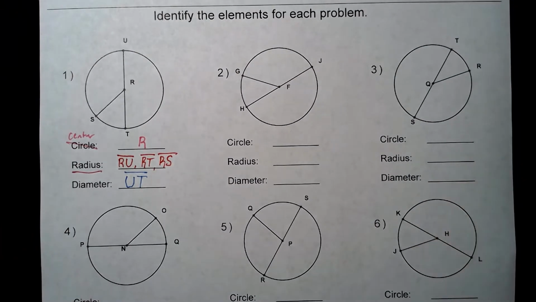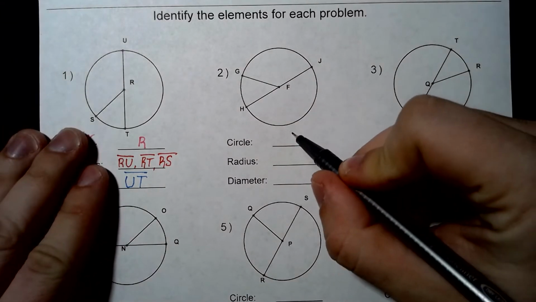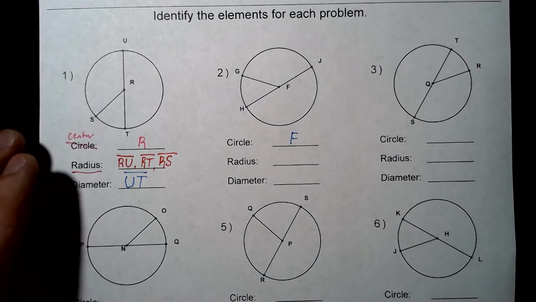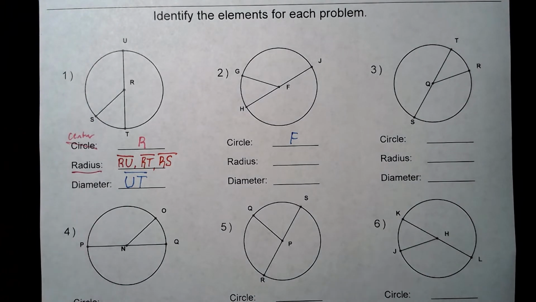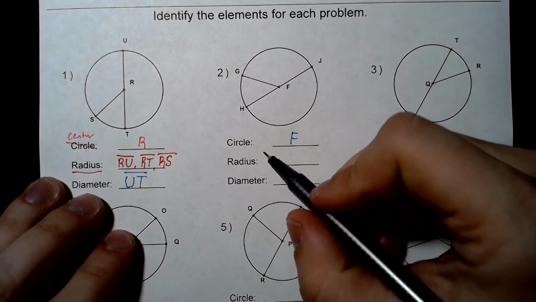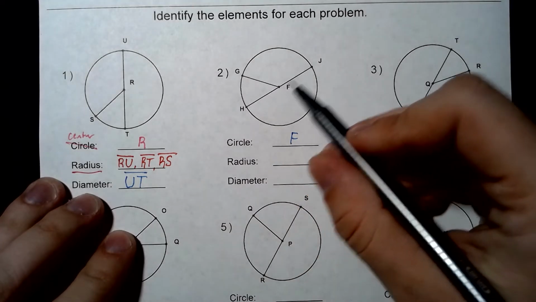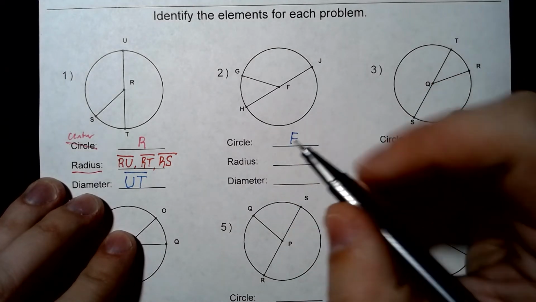Let's see. For the next one, number 2, we have our center or our circle, which we will call circle F. Our radius or radii, since there are multiple radiuses, would be FJ, FH, and FG.